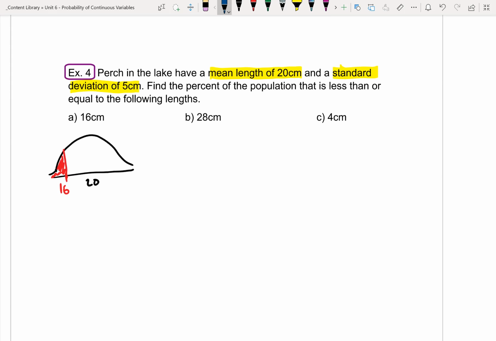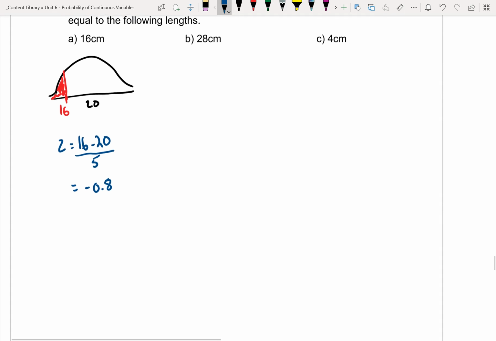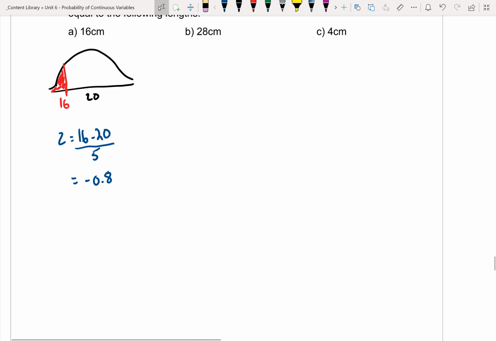So if I use my z-scores, I get 16 minus 20, or the value minus the mean, divided by the standard deviation, which is 5, and I should get negative 0.8. Once I find this z-score, I want to take this and go to the chart.